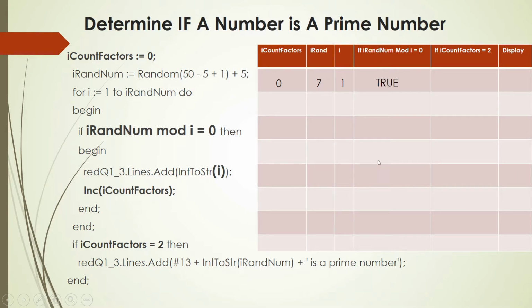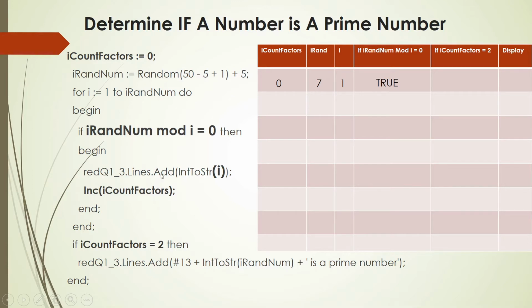So on my trace table, I will put the value true. Remember, a Boolean condition evaluates to true or false. If the condition is true, I execute statements inside the if. Remember, I've got compound statements inside the if, so I need a begin and an end.